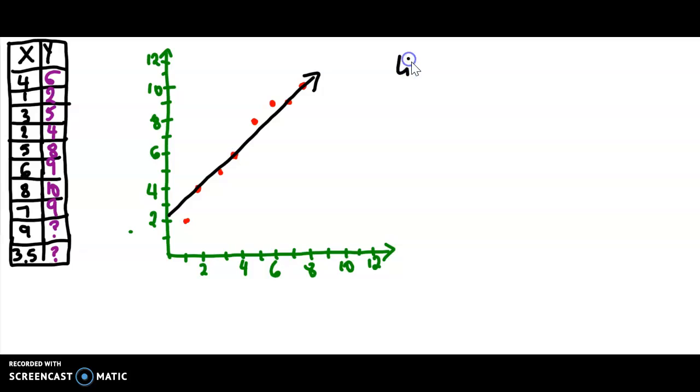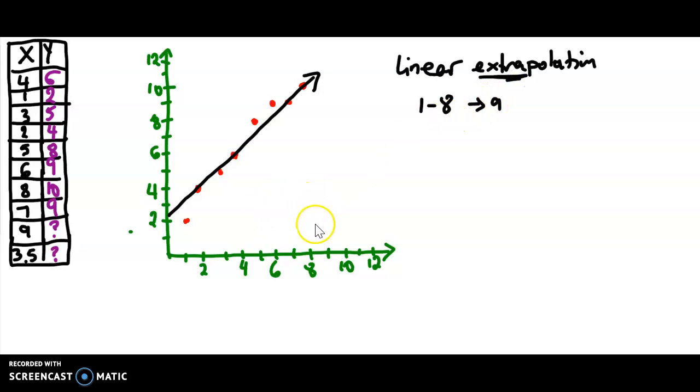So that's going to be called linear extrapolation, outside of my data range. Again, if you check the x's, the first column, I'm given values between 1 through 8. Because 9 is outside, that's why it's called extrapolation.